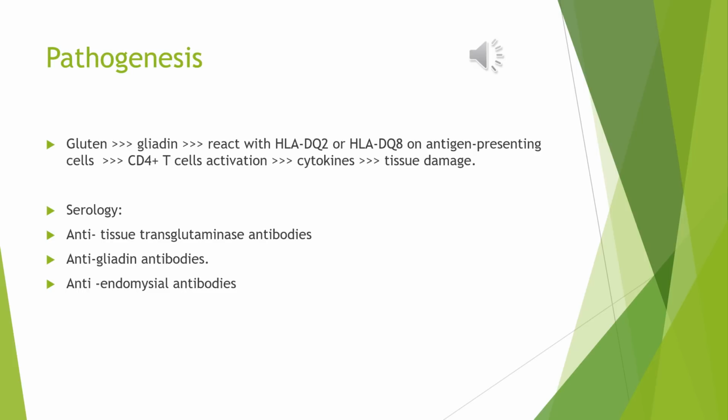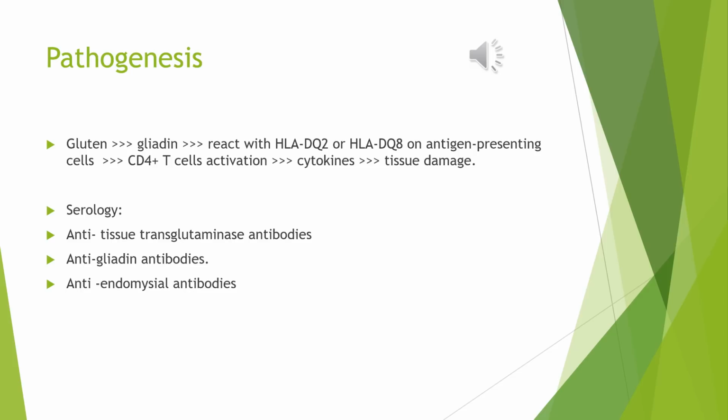The deamidated gliadin then enters the lamina propria of the small intestinal mucosa and reacts with the HLA-DQ2 and HLA-DQ8 on the surface of the antigen presenting cells.